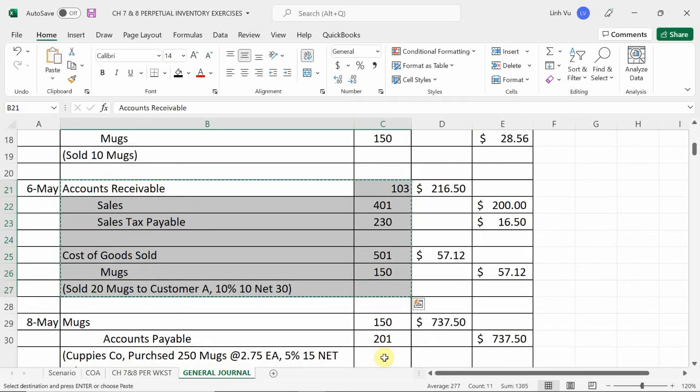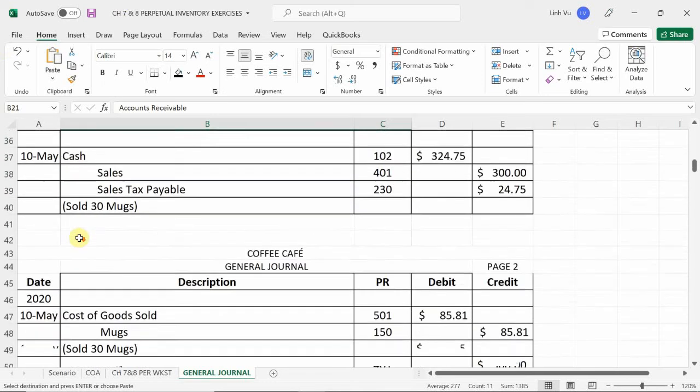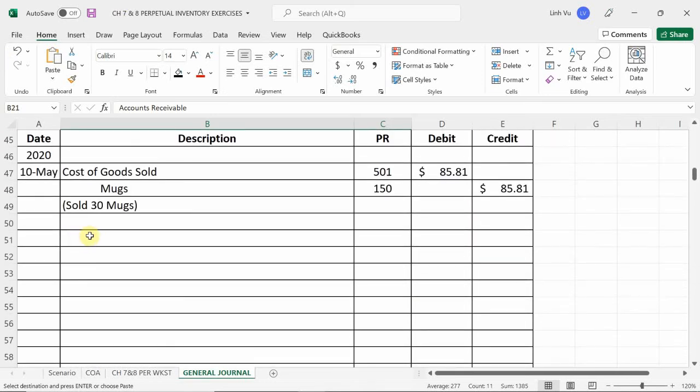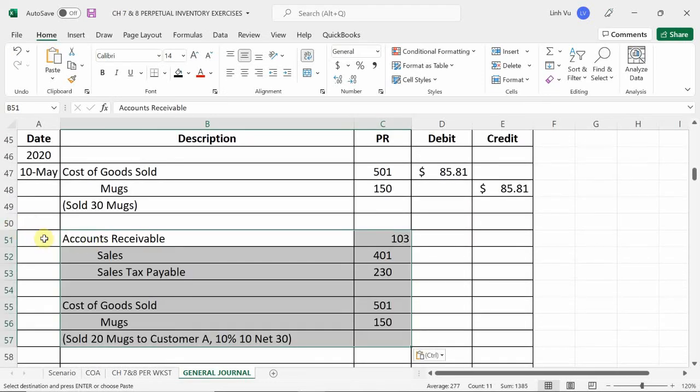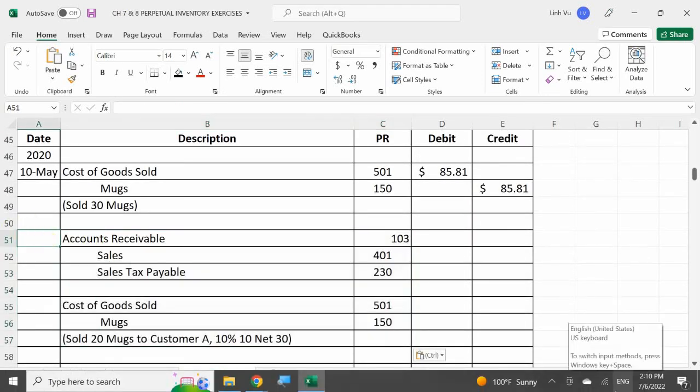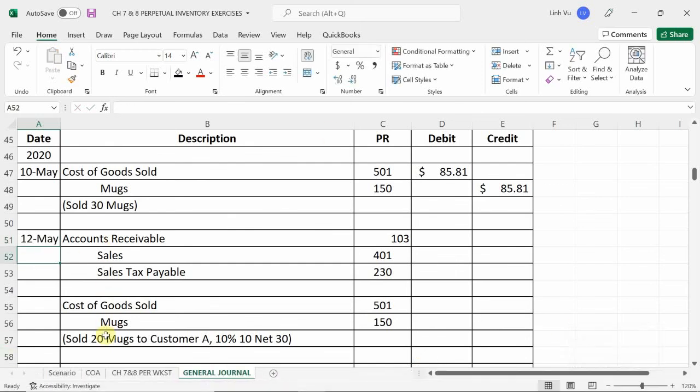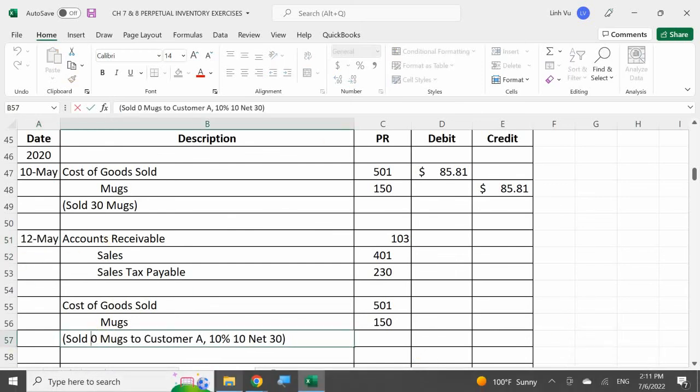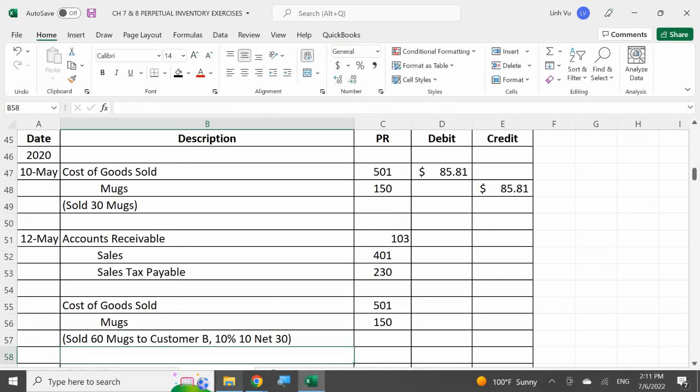So I'm going to copy this entire section here, because it's rinse and repeat. We're going to be receiving an accounts receivable on May 12th. But this time we sold 60 mugs to customer B, and we gave customer B the same terms as customer A. We're giving customer B 10 days to pay so they can receive a discount.